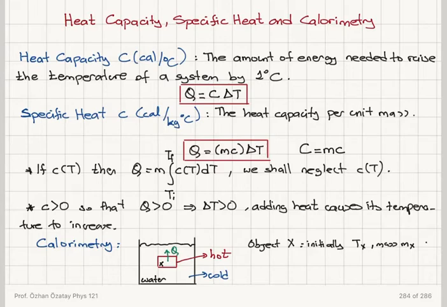I'm trying to find out what is its specific heat. So when I put it into cold water, the heat absorbed by the cold water will be equal to minus the heat absorbed by the hot object, because the hot object is releasing heat.